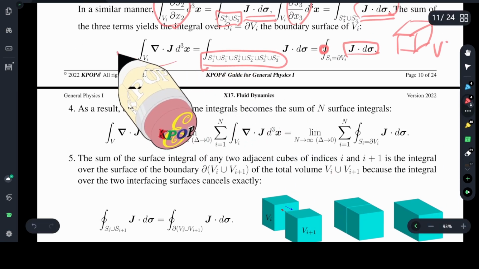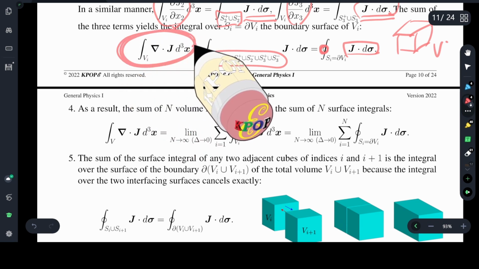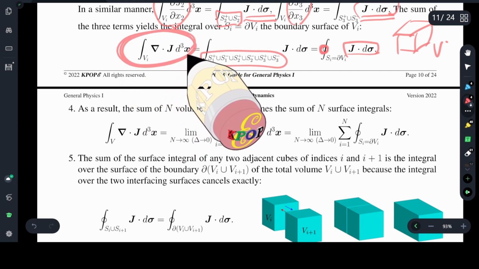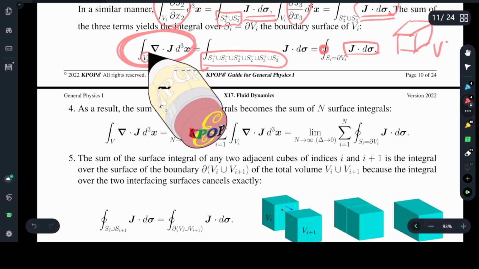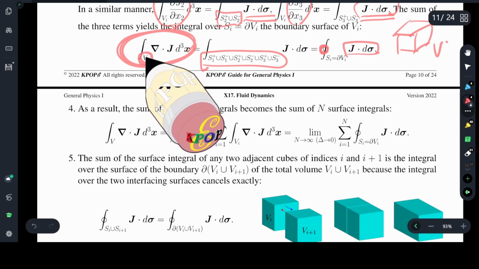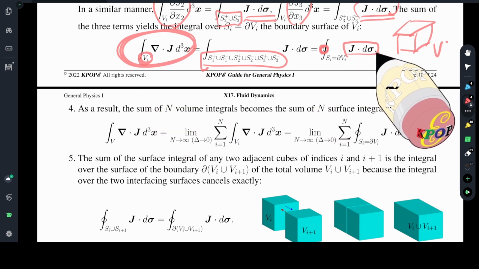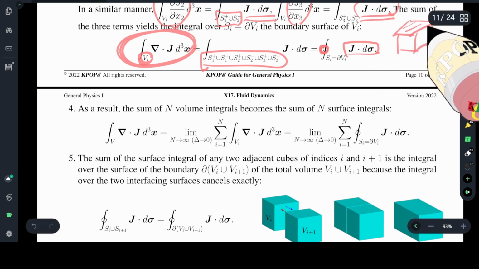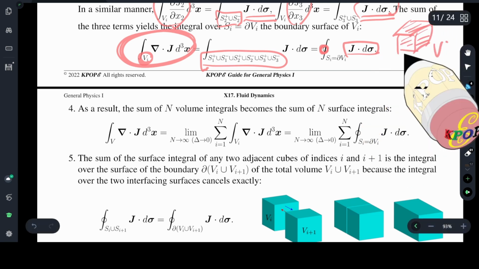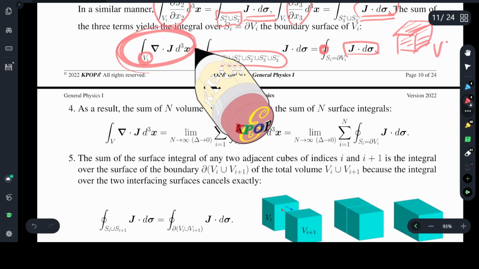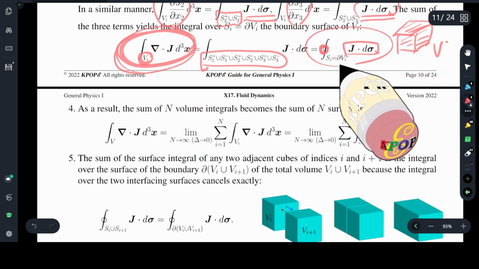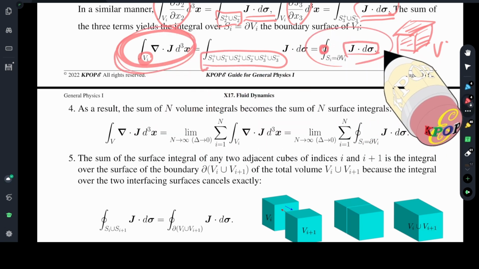As you can see, the volume integral of the divergence for a single cube is the surface integral over the surface of the single cube. So let us combine everything all together.